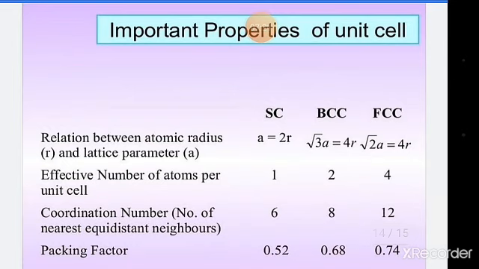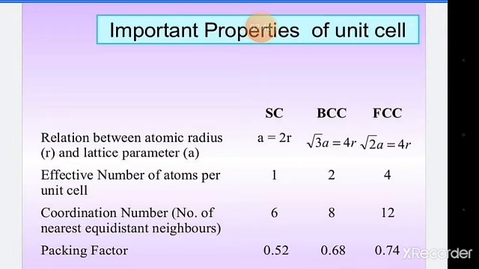The last one is the important properties of the 3 structures. From the packing factor, we conclude that in simple cubic, 52% of space is occupied by atoms and the rest, 48%, is empty space.